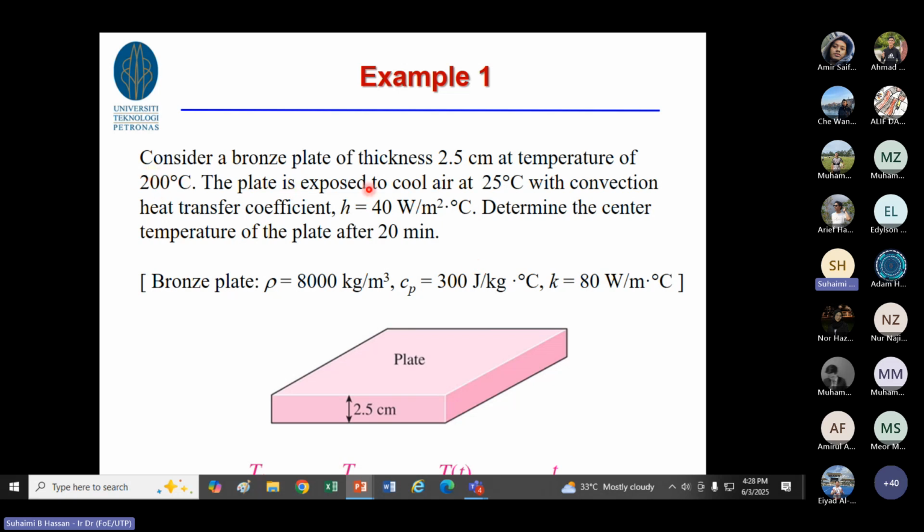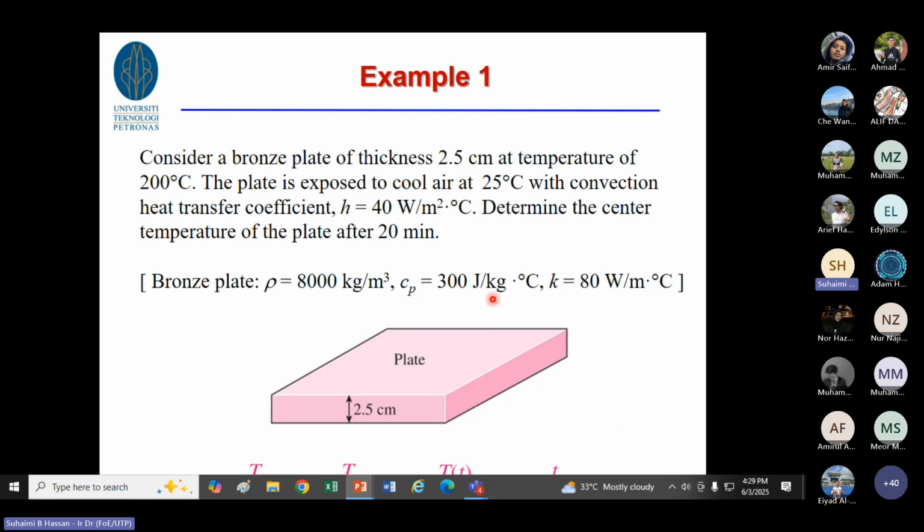It is exposed to cool air. This is a cooling process. Okay, I repeat. Initial 200, they expose it to 25. So meaning the final should be less than 200. Because this one is 25. If it were 200 heated up to 1000, it would become bigger. Any questions?